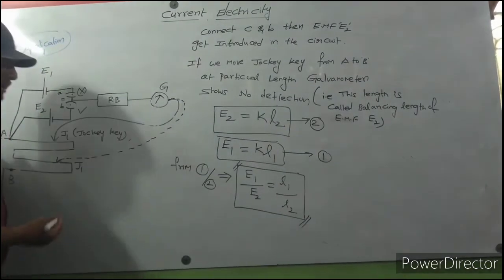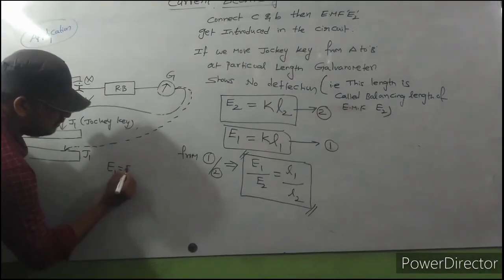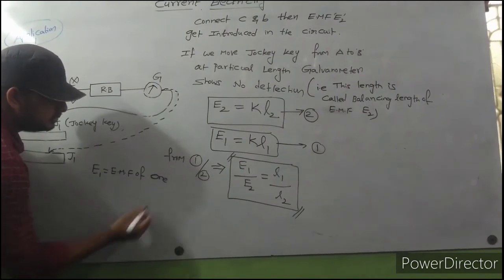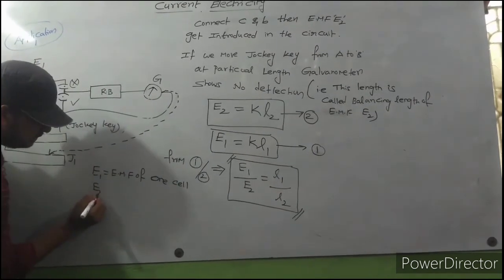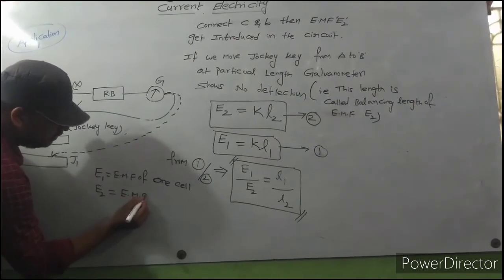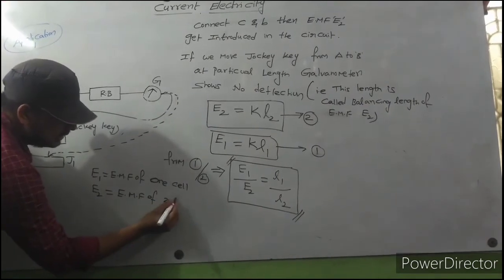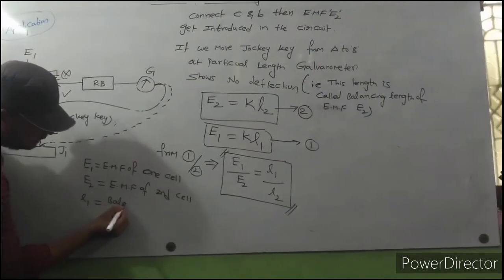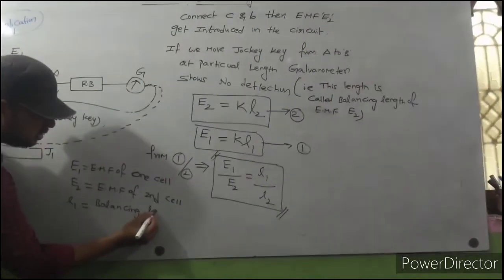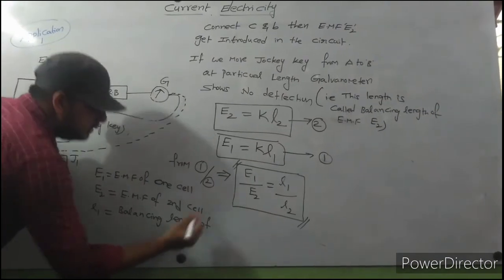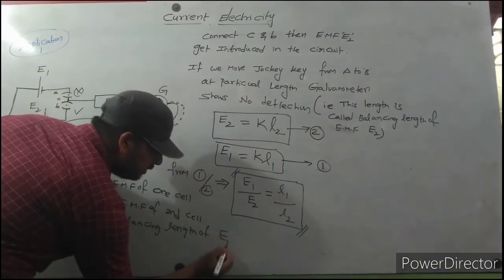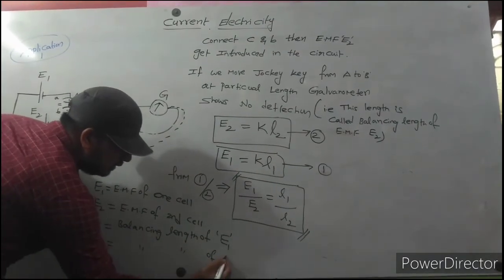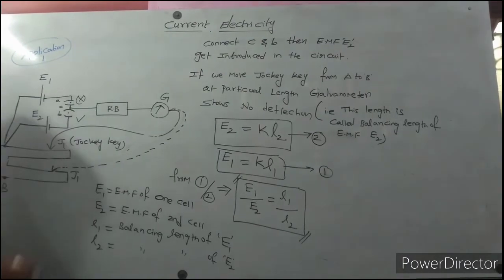Here E1 means the EMF of one cell, and E2 means the EMF of the second cell. L1 means the balancing length of E1, and L2 means the balancing length of E2.